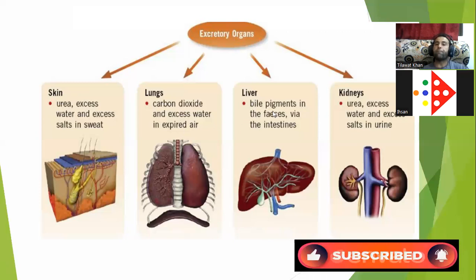Liver: bile pigment, and it goes out in the feces by means of the intestine. You got it? So, bile pigment in the feces, bile pigment will form where?